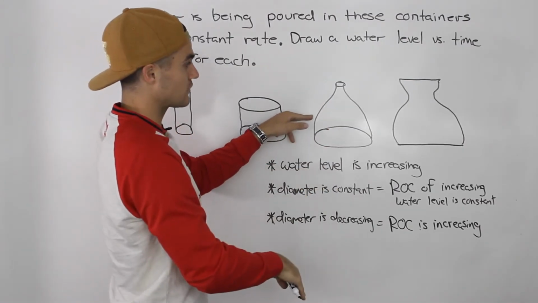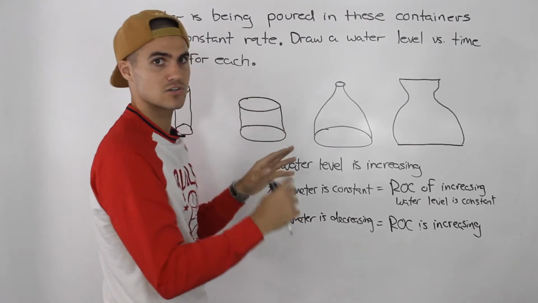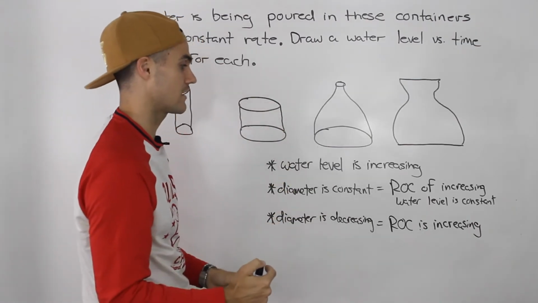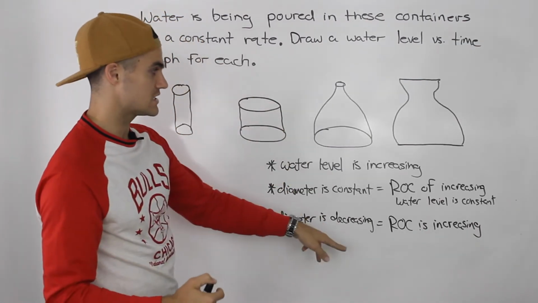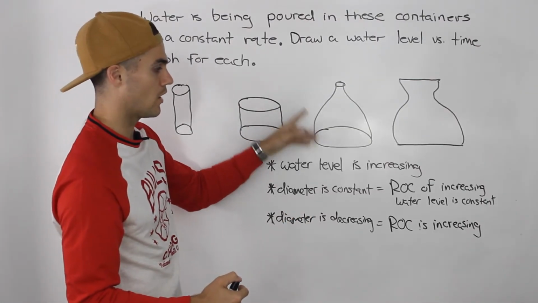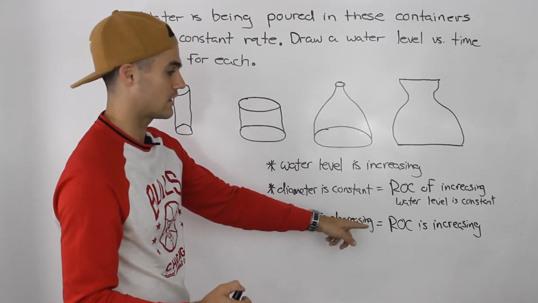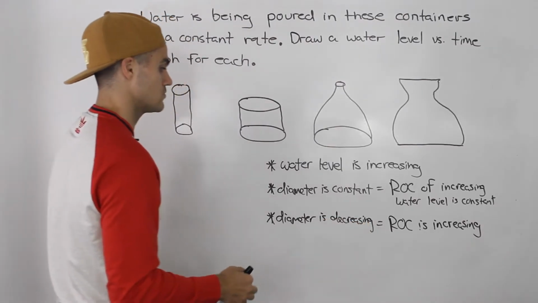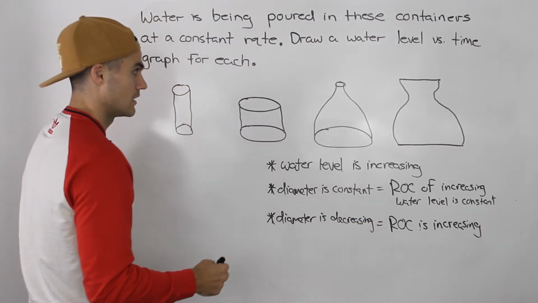Well, it's going to increase faster and faster and faster because there's less container to fill then. So whenever the diameter of a container is decreasing and you're filling in water, the rate of change of the water level is going to be increasing.